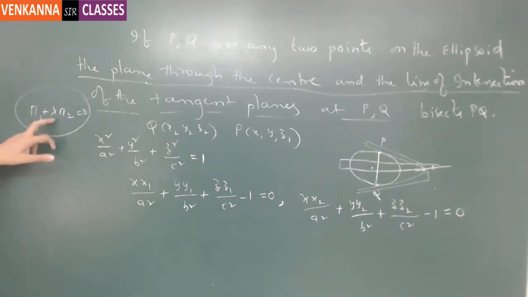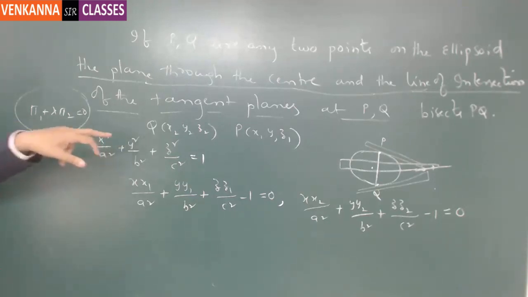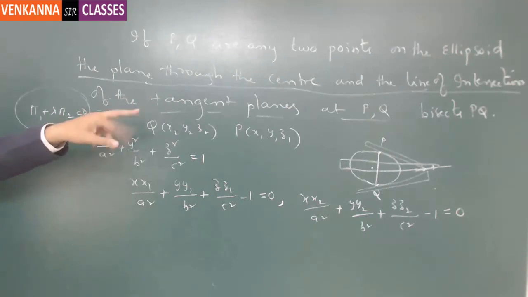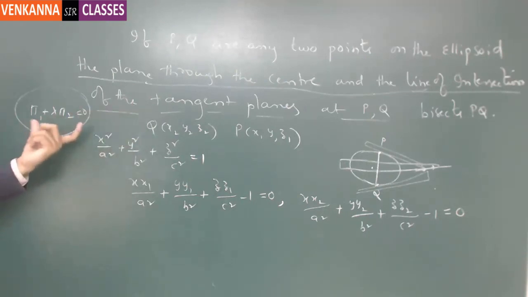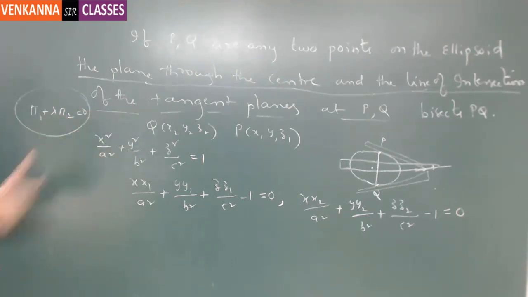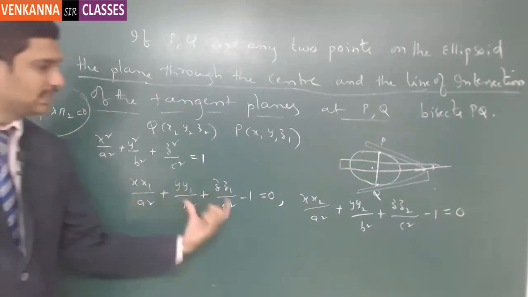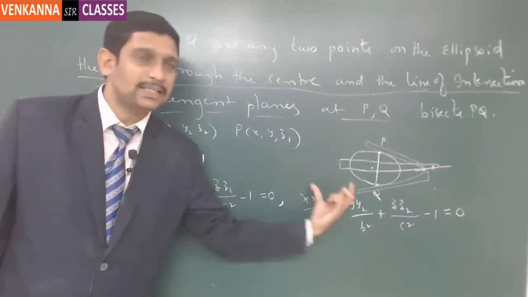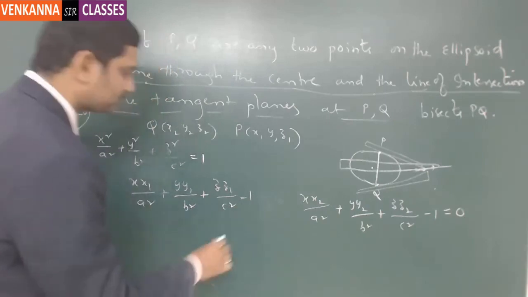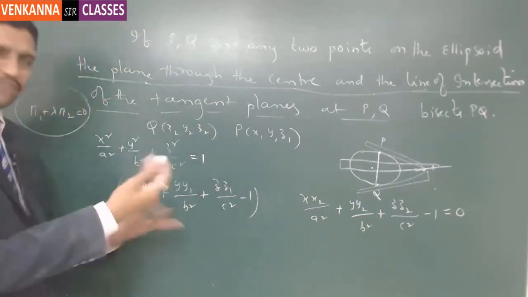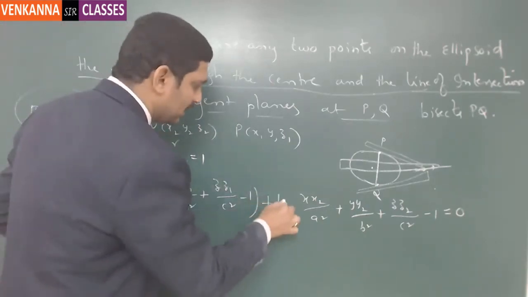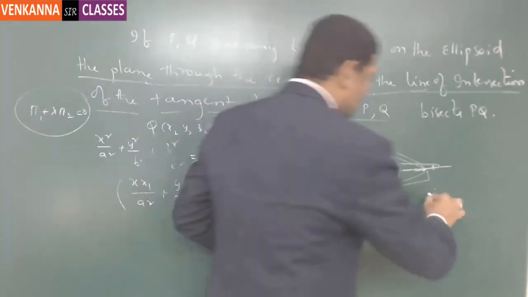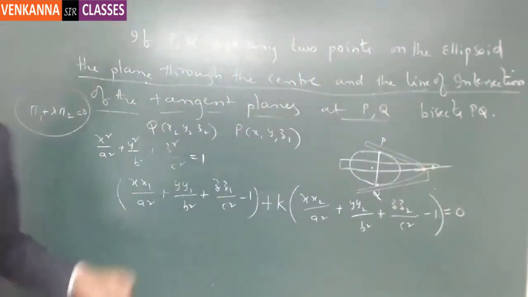So this formula we are using to calculate a new plane which passes through the intersection of two planes. There you have solved so many problems on that. So if this is pi 1 and this is pi 2, you have pi 1 plus, for lambda I will take k into pi 2 equal to 0.